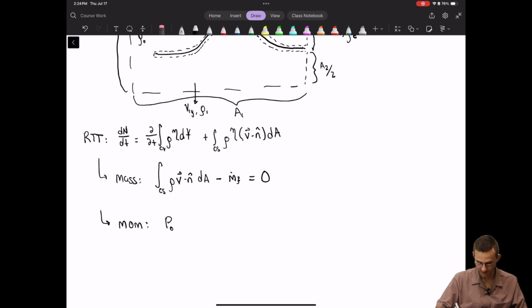So you have the pressure on the left, which is P naught times A2 plus AE. And then on the right-hand side, you have P2 times A2, the pressure profile all along area A2 times A2. And then also the pressure value outside the exit times AE.